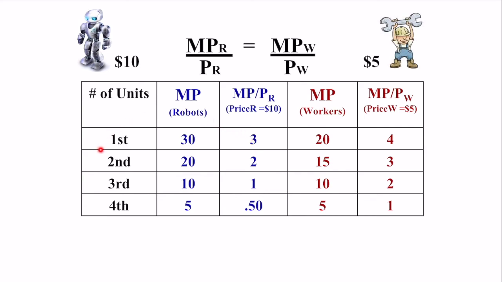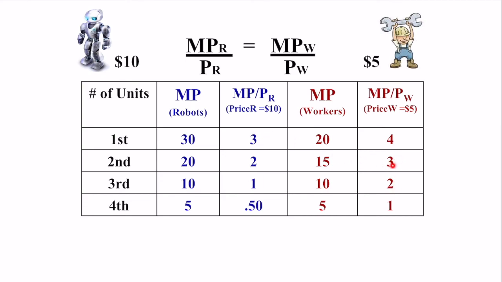So for the first hire that we'll make, well, workers give me 4 per dollar, and robots give me 3 per dollar. So obviously, I'm gonna hire a worker first, and then they'd be the same. So I could choose either one, and it wouldn't affect which way I do it. I could hire the second. Let's say I hire 2 workers because again, there's no benefit to hiring the first machine there.